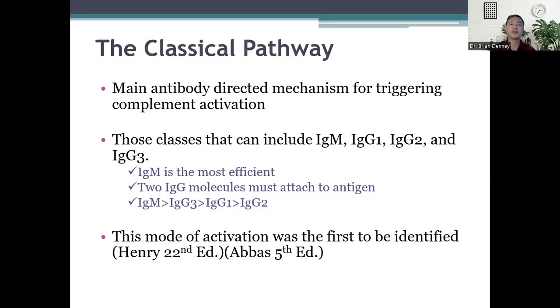In other words, the antigen could bind to many sites in the IgM. Whereas your IgG molecules, being smaller, have fewer binding sites compared to your IgM. That's why IgM is considered the most efficient of all the antibodies that cause activation of your classical pathway.